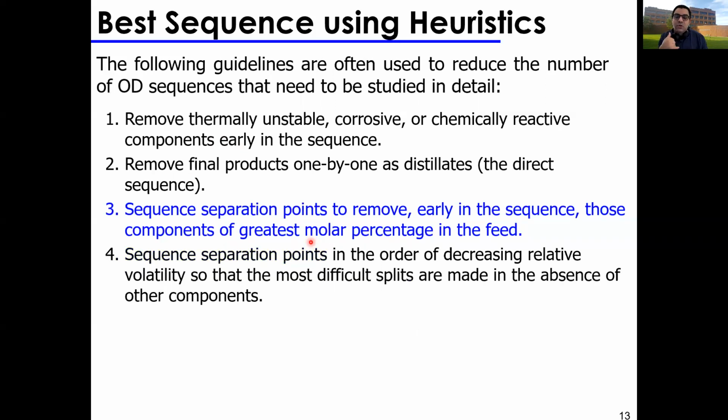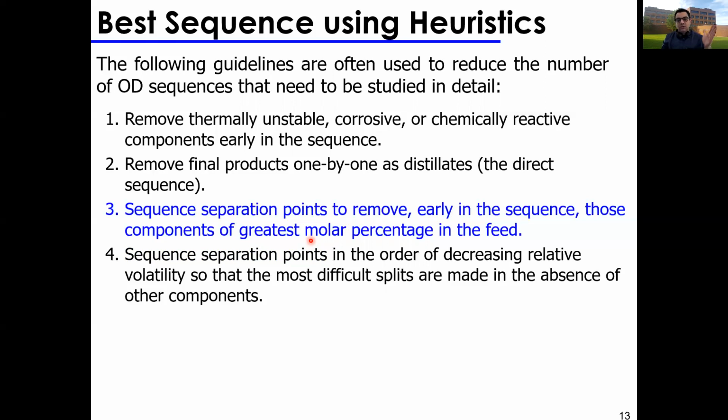Number 4, sequence your separation points in the order of decreasing relative volatilities, so that the most difficult splits are made in the absence of other components. As we said in the earlier slide, relative volatility gives you a gauge of how easy the separation is. The higher the relative volatility, the easier the separation.